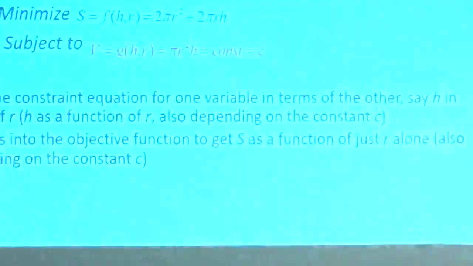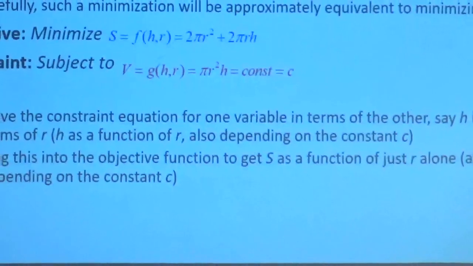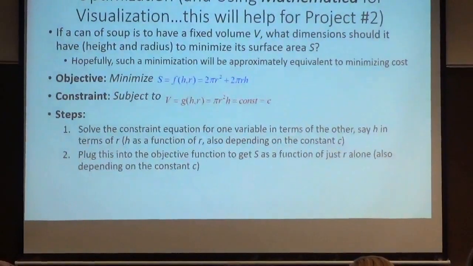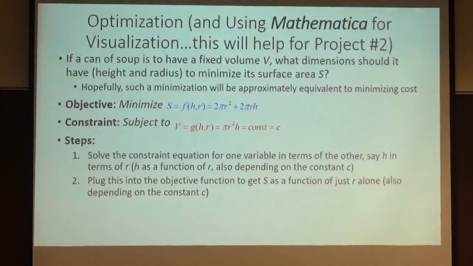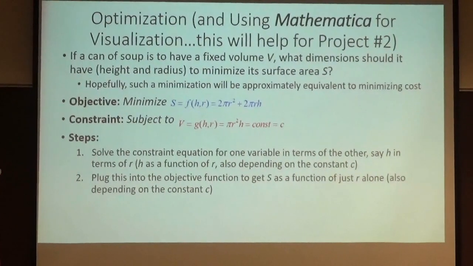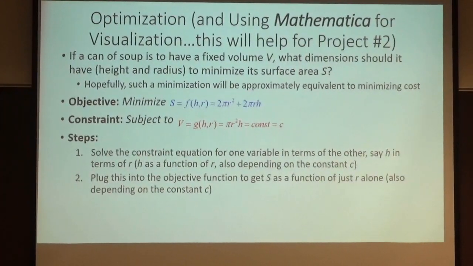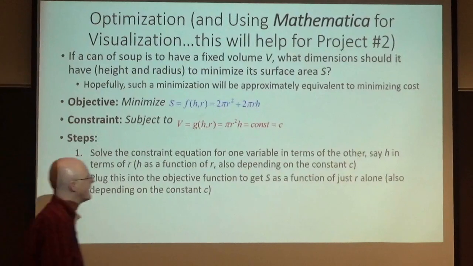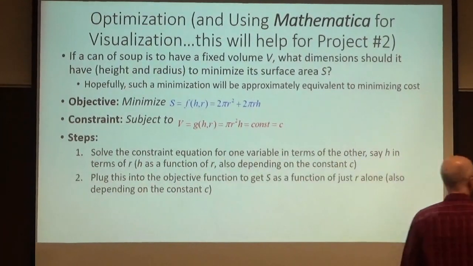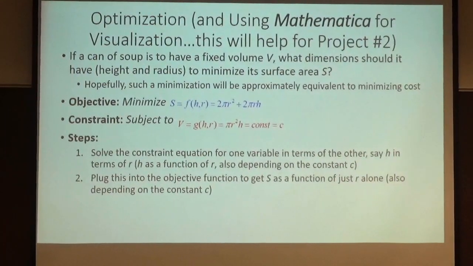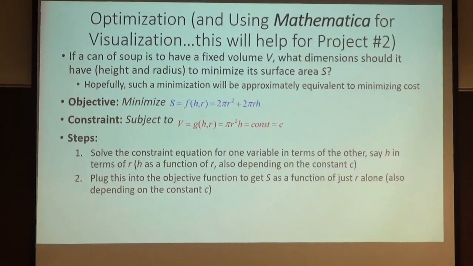Plug this into the objective function to get s as a function of just r alone. Also depending on c, but pretend c is constant. What do you think I mean here?